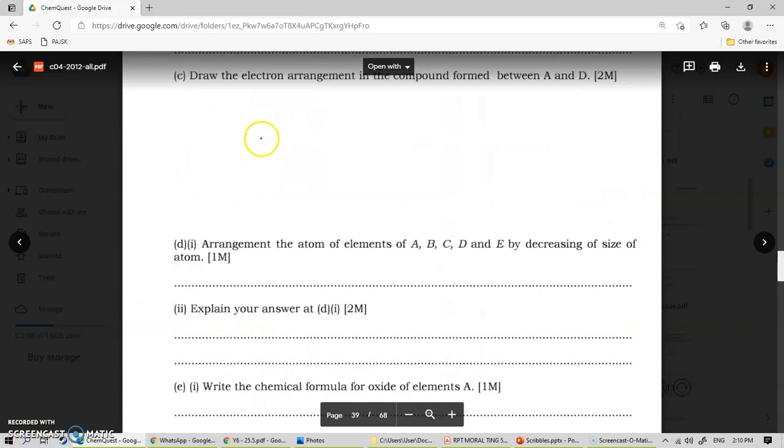A is from period 3, therefore it has 3 shells filled with electrons. That's 2, 8, and one more shell filled with only 1 electron. This 1 electron will be donated to D. D initially has 3 shells filled with electrons, 2, 8, 7.